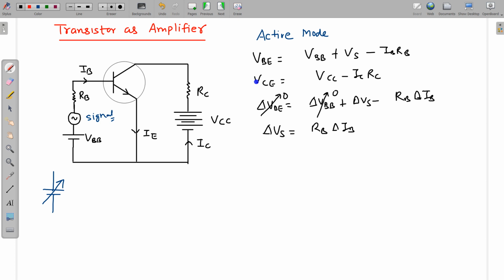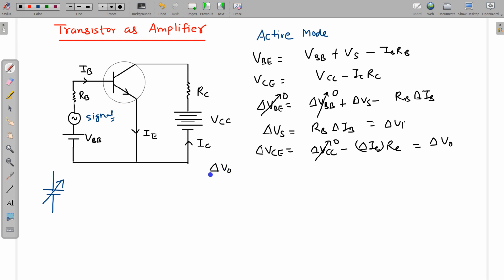Next, for the differential of the second equation, delta VCE is equal to delta VCC minus delta IC into RC, and obviously delta VCC is equal to 0. So delta VCE we can also term as delta V0. This is the output and this is the input.